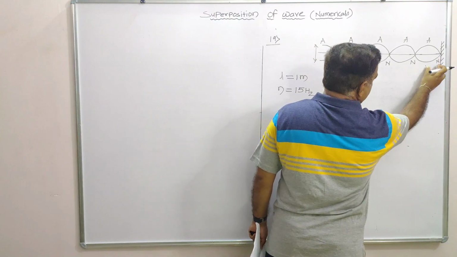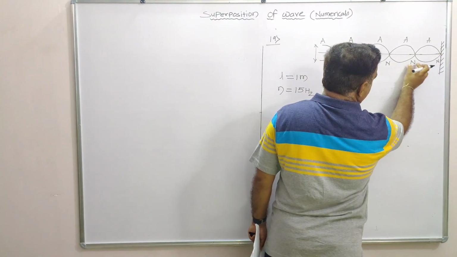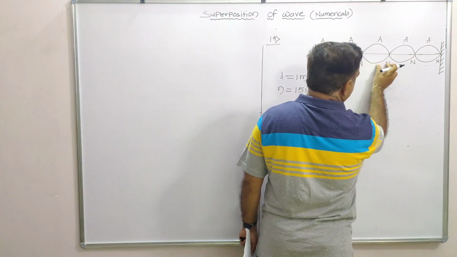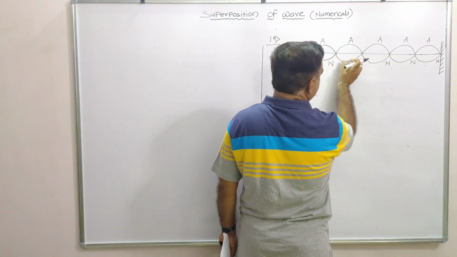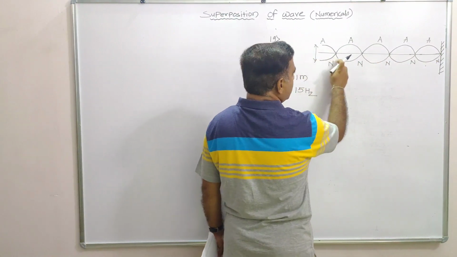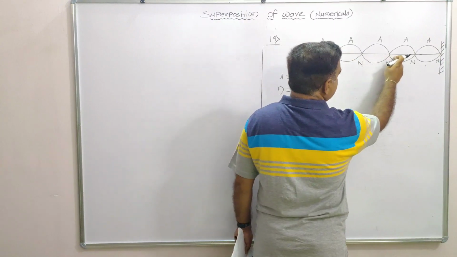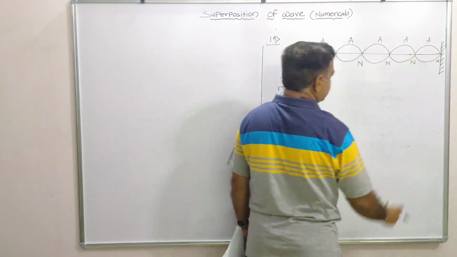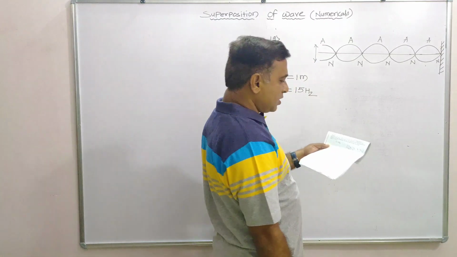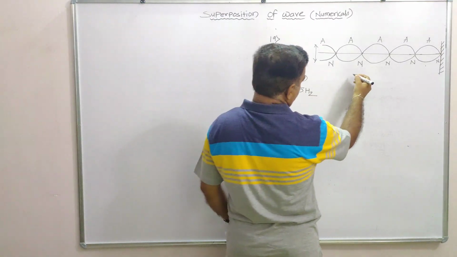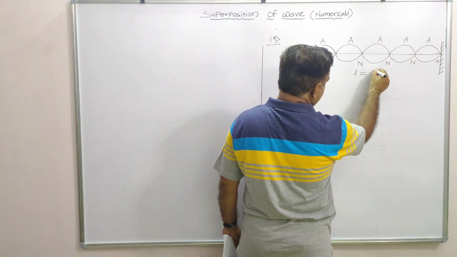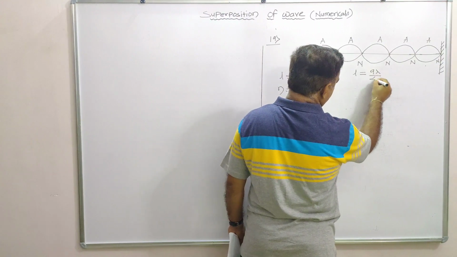Each segment is lambda by 4. Counting 1, 2, 3, 4, 5, 6, 7, 8, 9. Okay, how much? 9 lambda by 4. The length of this is 9 lambda upon 4.